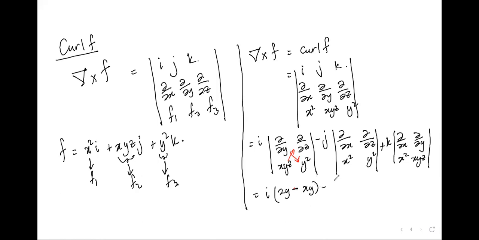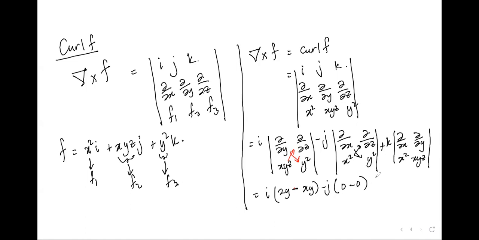Minus j. We're taking the partial derivative of y squared with respect to x, so that's 0. And the same thing, the partial derivative of x squared with respect to z is zero as well.